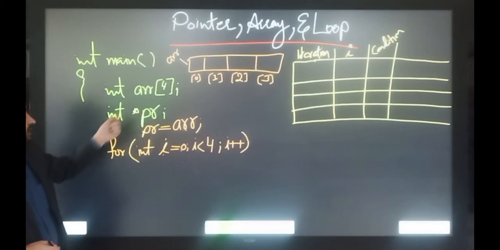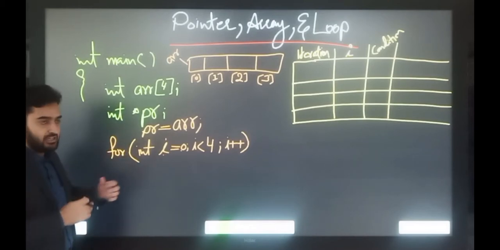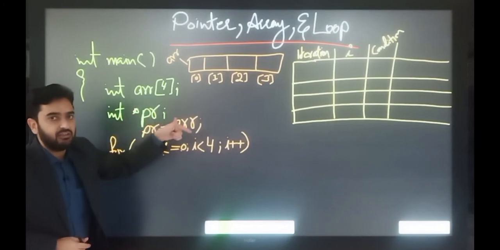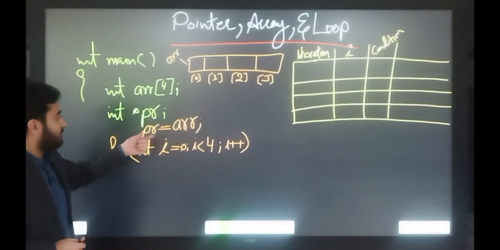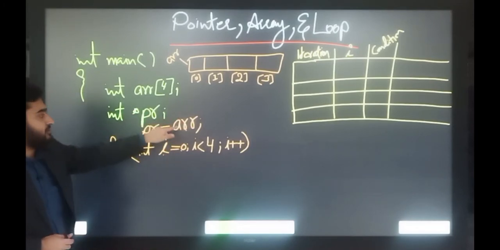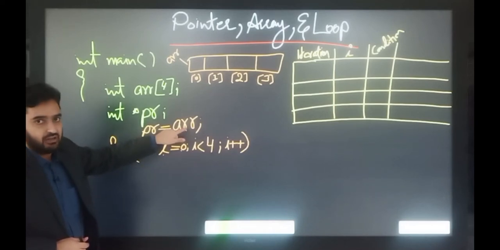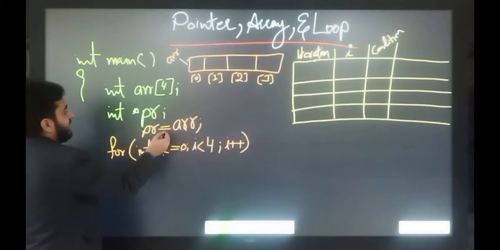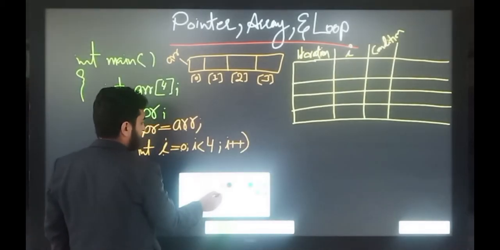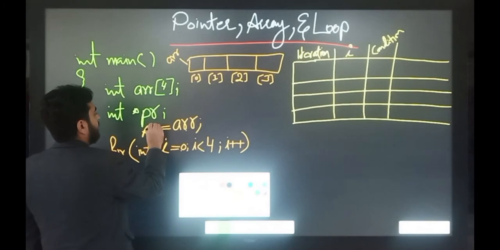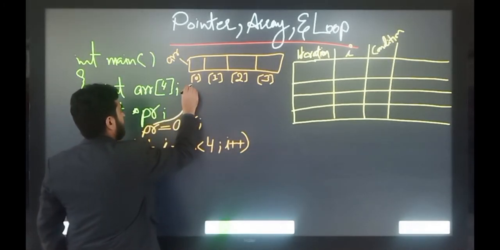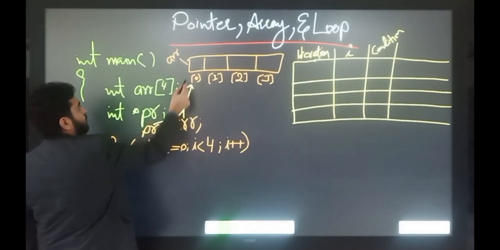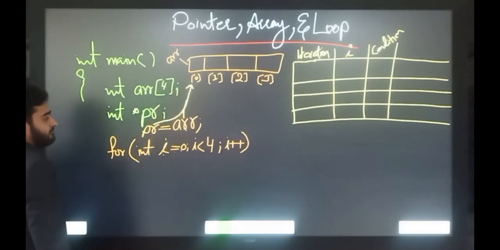Okay, so a pointer is a variable which saves the addresses of other variables. So in this case we are saving the address inside another variable. Okay, so this is now a pointer which has actually the address of the first element, and ARR has also been pointing to the address of the first element.